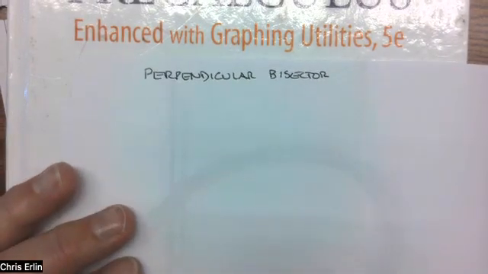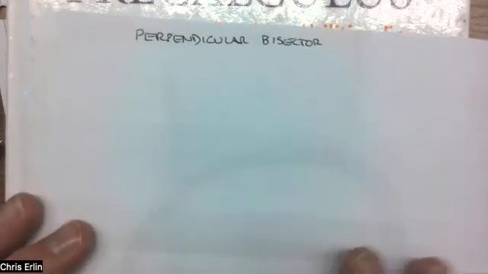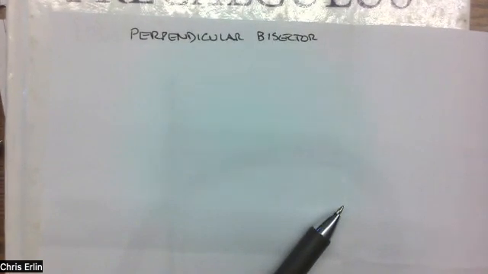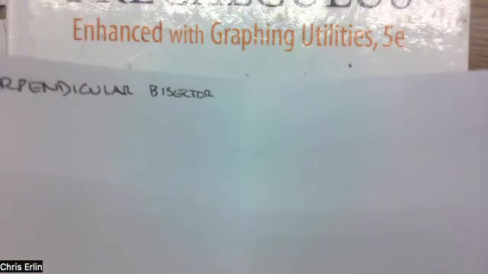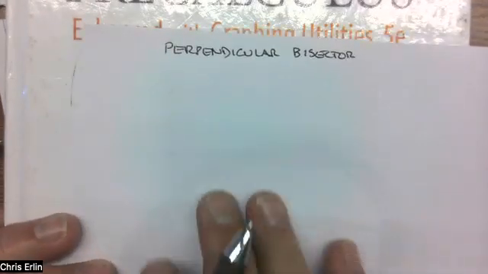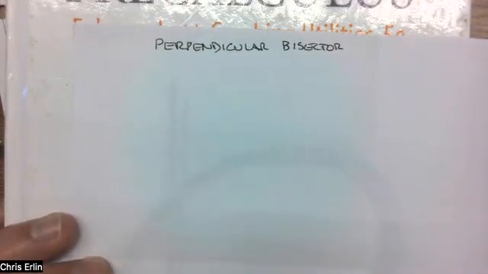Okay, would you please turn your paper landscape with your four folds. In the top left corner, I want you to write perpendicular bisector.